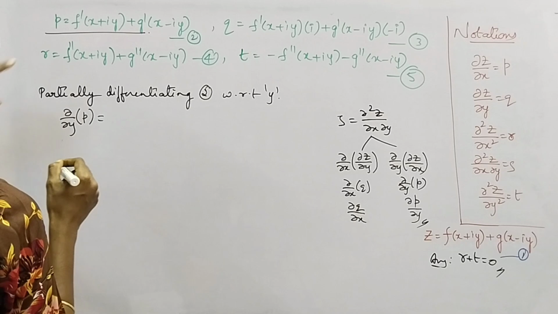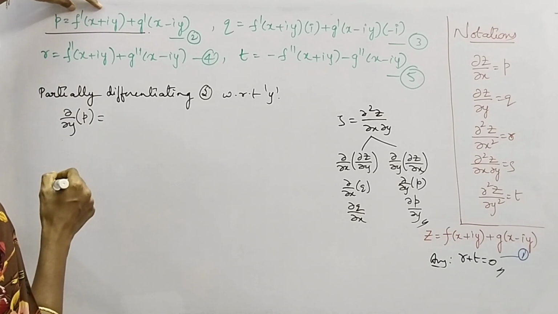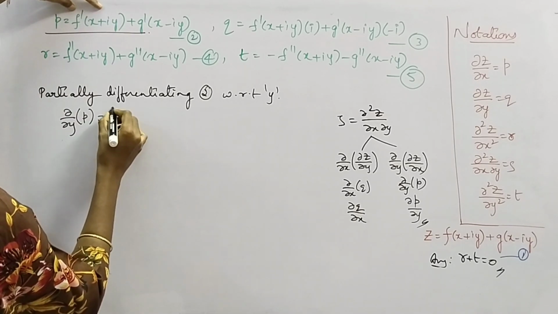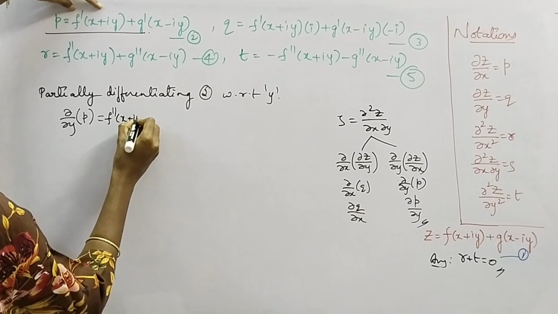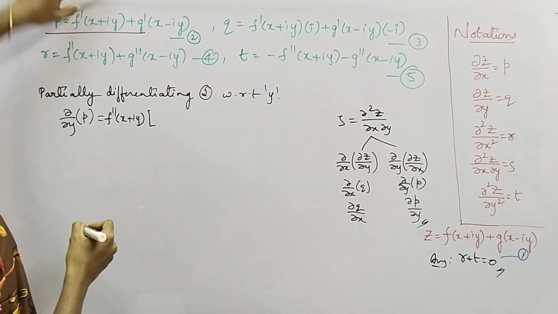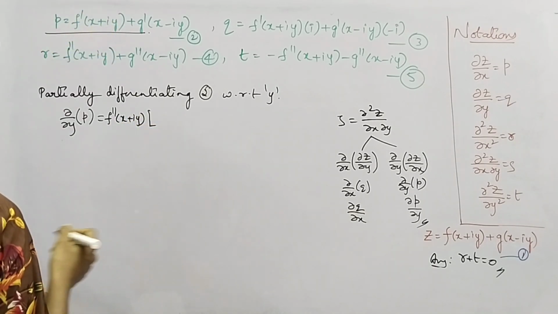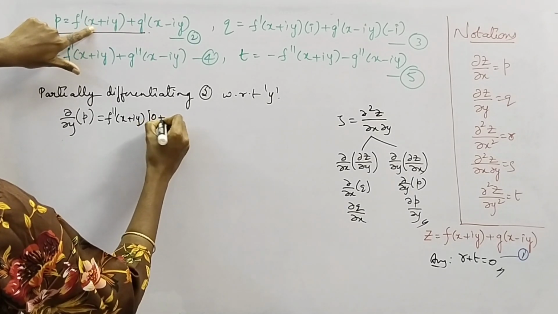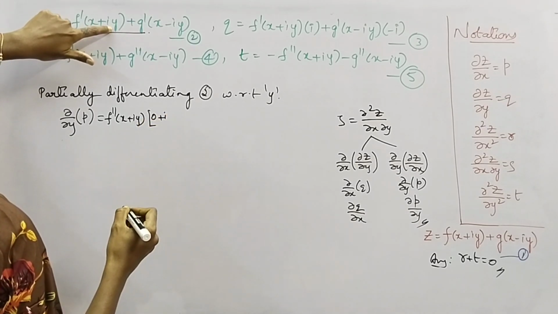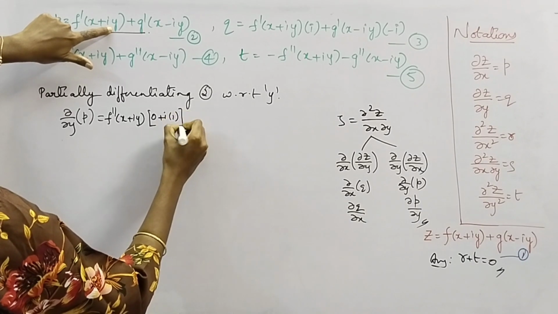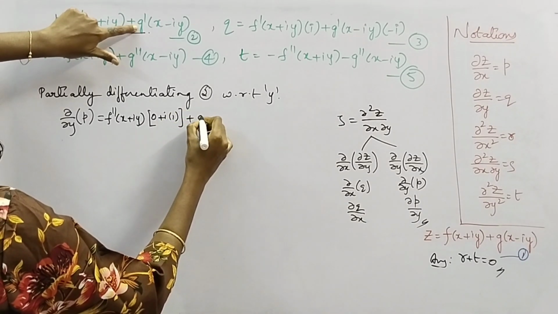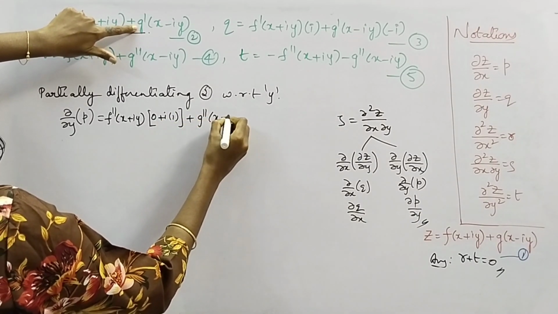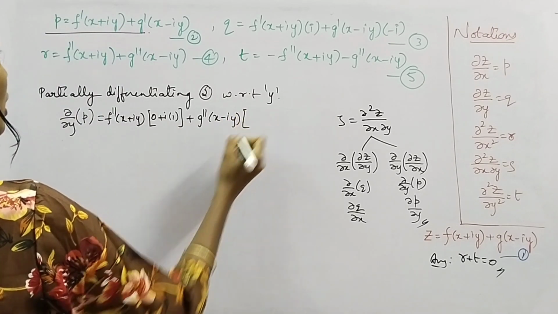Right. The partial derivative of f dash with respect to y is f double dash into the inner derivative, the partial derivative of x plus iy with respect to y. Partial derivative of x with respect to y is 0, plus i into the partial derivative of y with respect to y, which is 1, plus the partial derivative of g dash with respect to y is g double dash of x minus iy into the inner derivative.